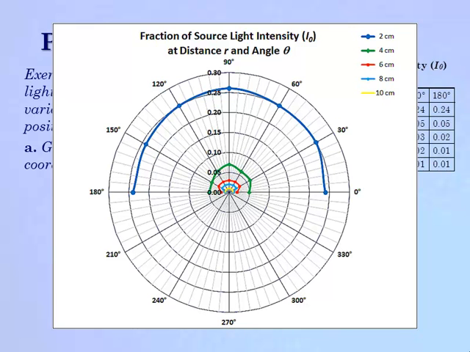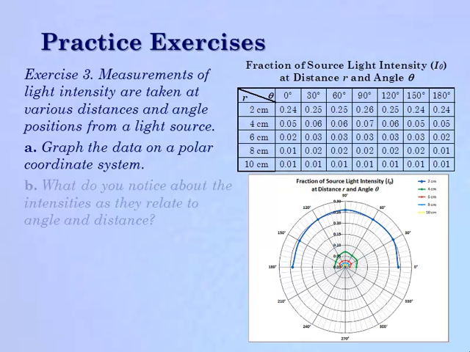Then we measured at 4 centimeters away at these locations. And we measured at 6 centimeters away. We measured at 8 centimeters away. And lastly, we measured at 10 centimeters away. Just as we would connect dots on a Cartesian coordinate system, we can connect the dots with a smooth curve on a polar coordinate system.